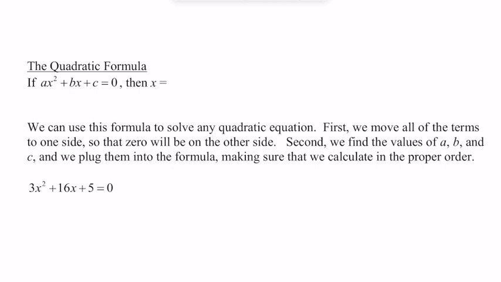If you get all of the terms on one side of a quadratic equation so that it's in the form ax squared plus bx plus c equals 0, then you can use what we call the quadratic formula to come up with the solutions.